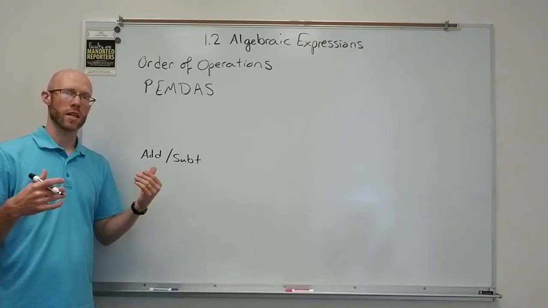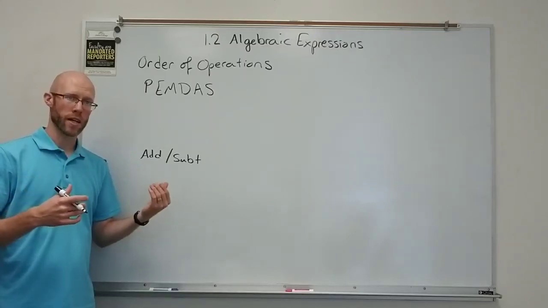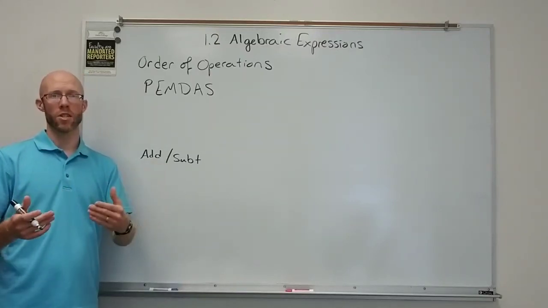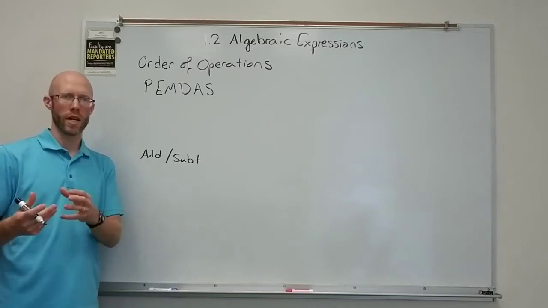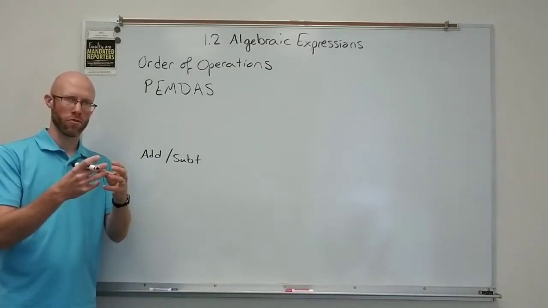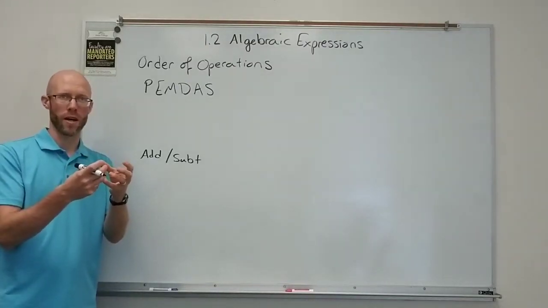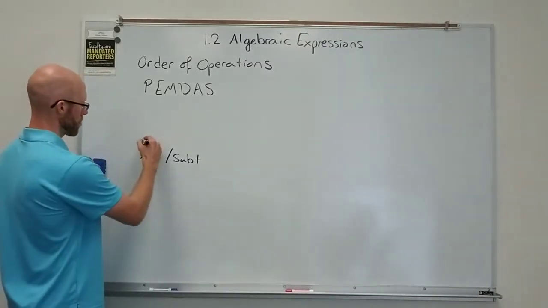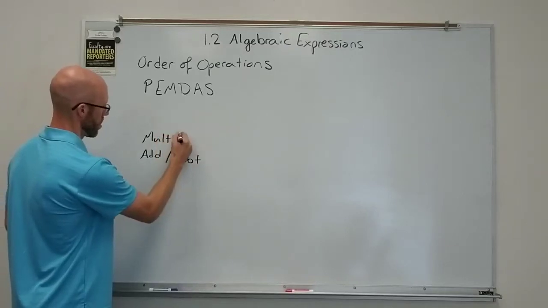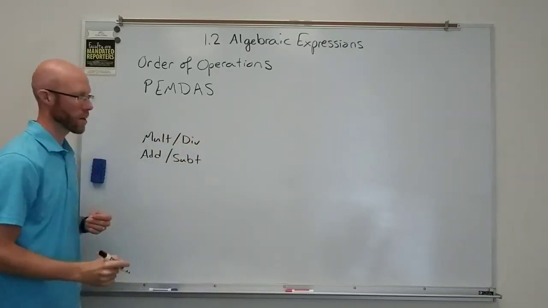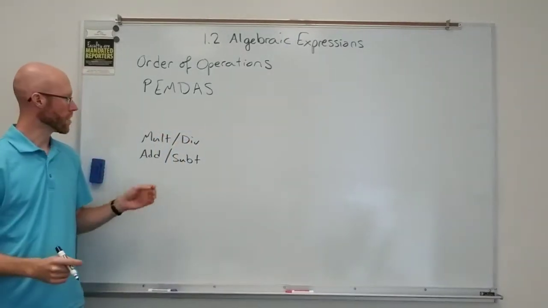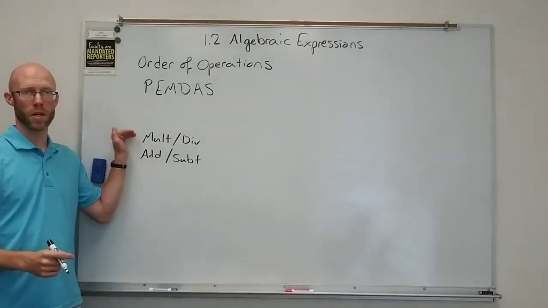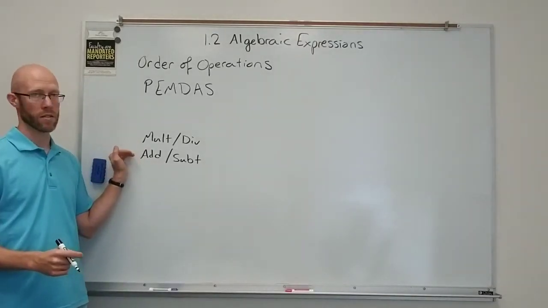And the reason it's the next layer up is because multiplying is really just a repeated addition. So it's a shorthand way of writing addition. So we do the multiplying first because we're really doing addition anyway, and then we put the addition in after. So multiplying and divide. Okay, I'm abbreviating these, but that's your next layer. Multiplying and dividing is always going to come before adding and subtracting.